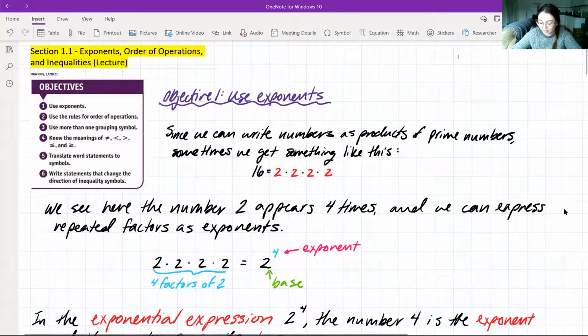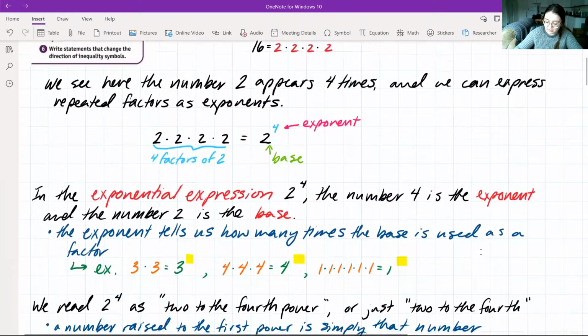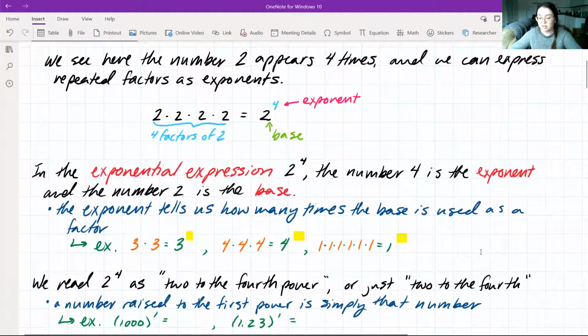The base is the actual number you're multiplying multiple times, and the exponent is how many times you multiplied that number. So in the exponential expression 2 to the 4th power, the number 4 is the exponent and the number 2 is the base.